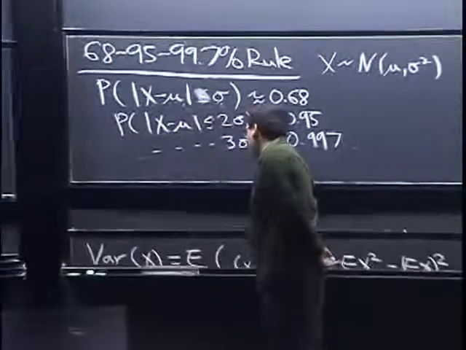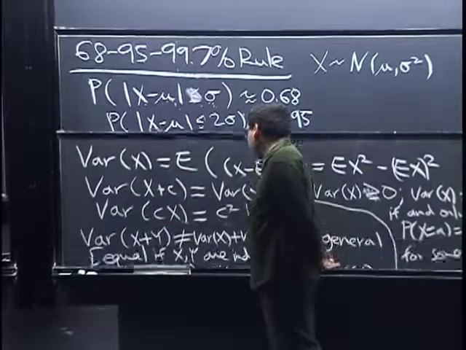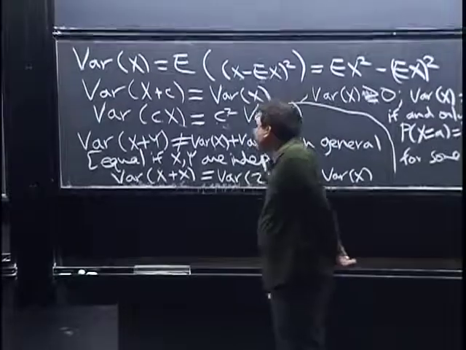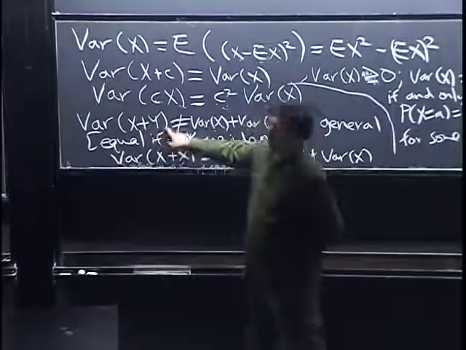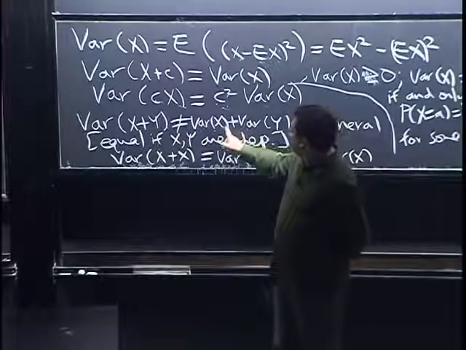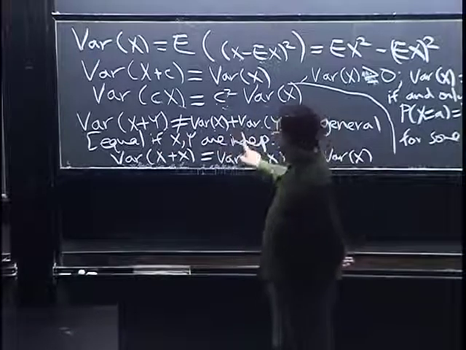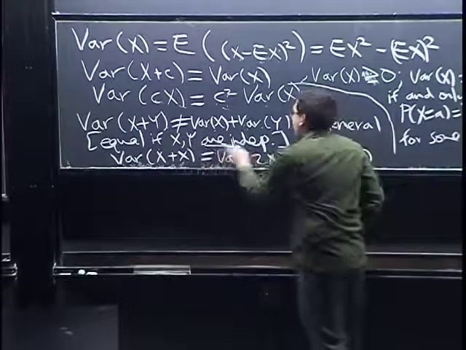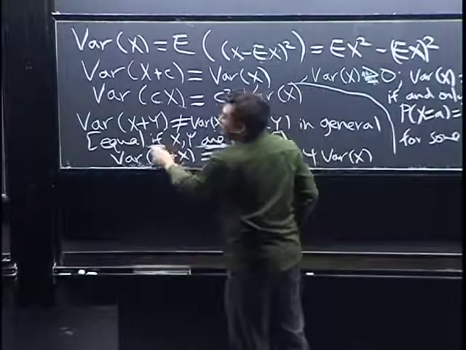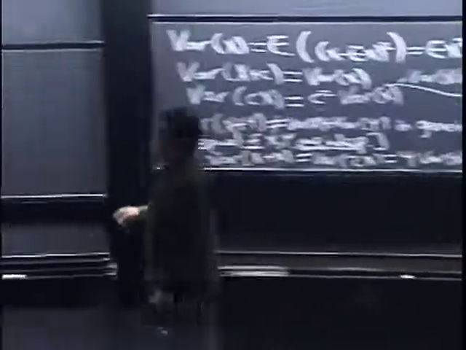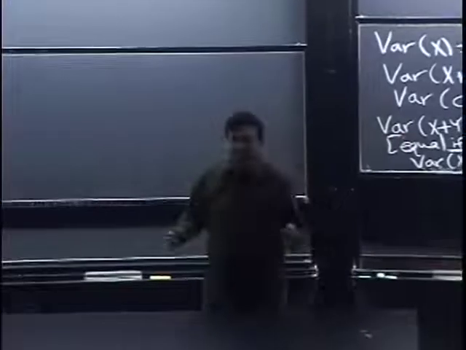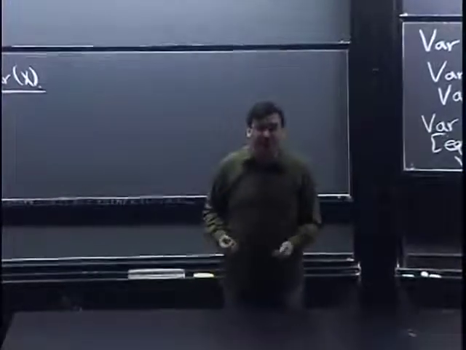The easiest way would be using this fact: the variance of a sum of independent things is the sum of the variances, if they're independent. We haven't proven this yet, so it's not valid to do it this way right now, but this is foreshadowing.